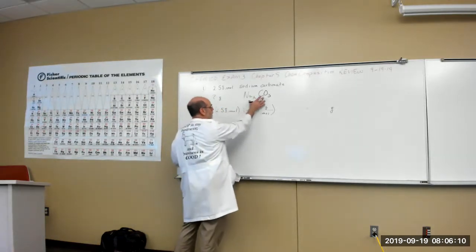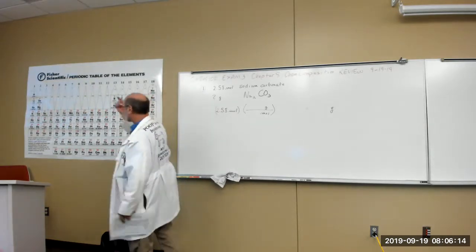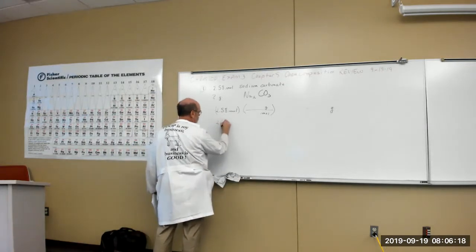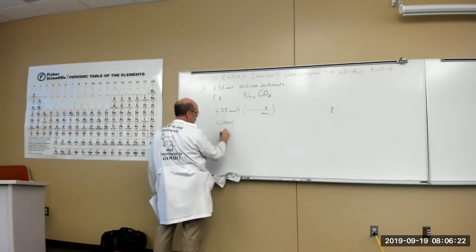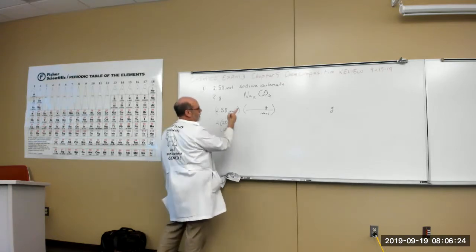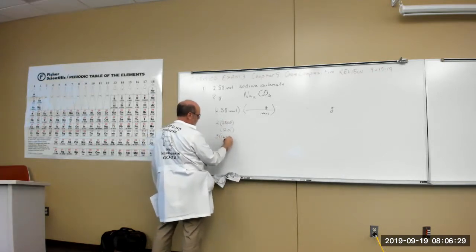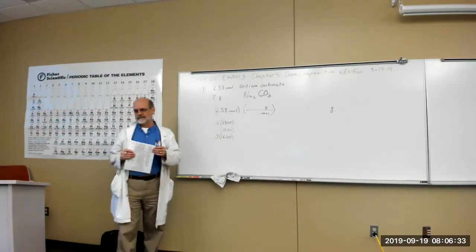So we just need to calculate the molar mass of sodium carbonate. So sodium is rounded off 23. Carbon is 12.01. And oxygen, we need 3 of them. That's 16. Now, where did I get those numbers?